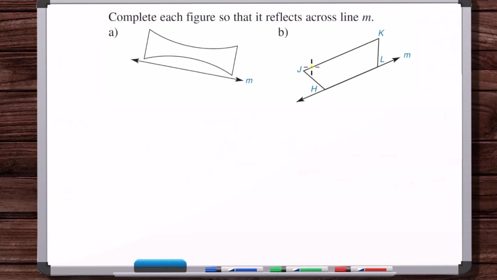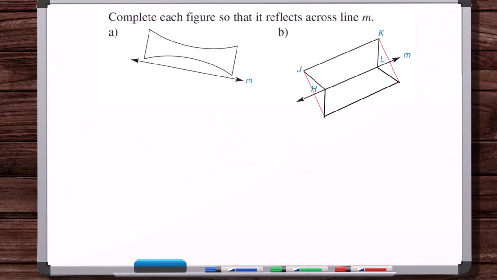Okay, same process here. Let's start with this one on the right. This looks easier. Because H and L aren't going to move, they're on the line. Now we connect these. There we go.